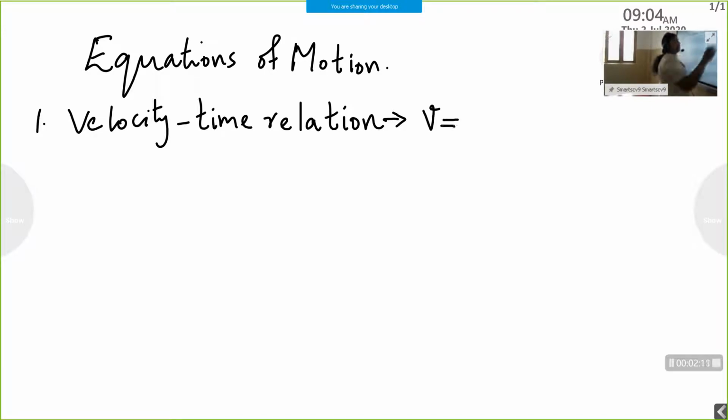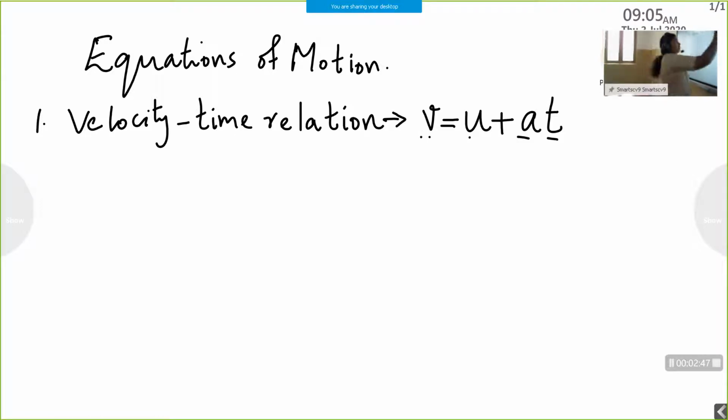You know that V is the final velocity of an object in motion, and U is the initial velocity. When an object has an initial velocity and then a final velocity, and the velocity changes, you know that acceleration will be there. And a is acceleration within the time t. The change takes place within a time interval t.